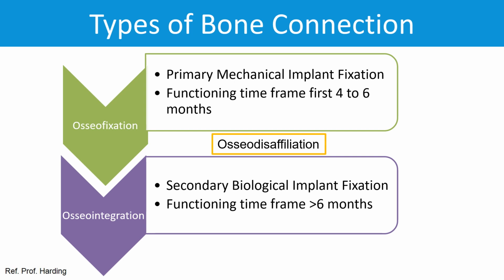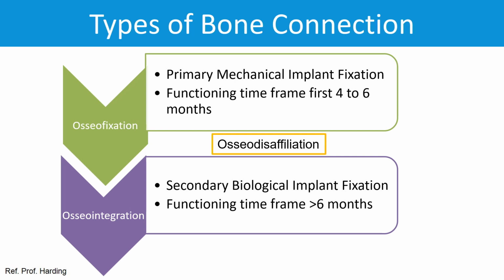This is just the screw into a piece of wood scenario. There is no biological element to this process. There is purely a mechanical fixation of a screw into wood. Now, over the functioning time of say 4 to 6 months, this process of osteofixation will turn into osteointegration.